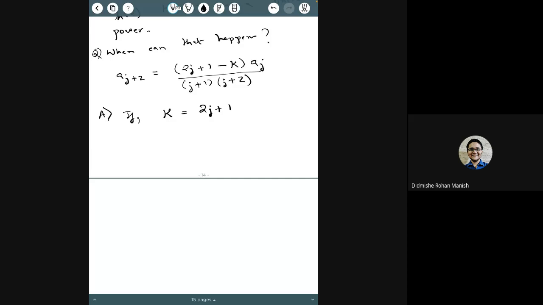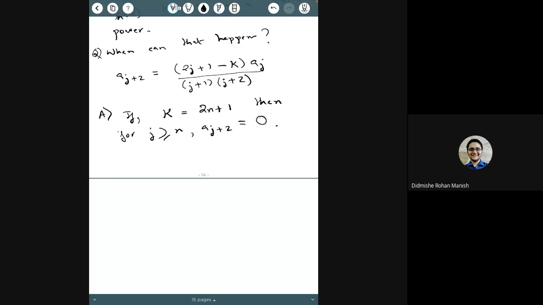So let's say it becomes... I won't write j, then that confuses things. So if k is equal to 2n plus 1, let's say, then for j greater than or equal to n, that is clearer, a_(j+2) is equal to 0.